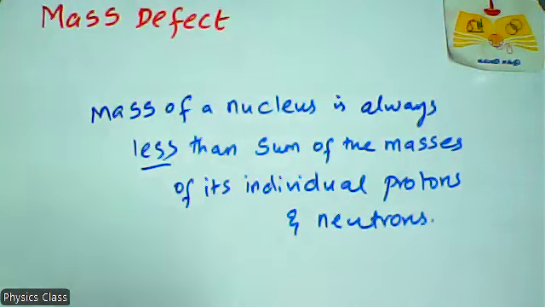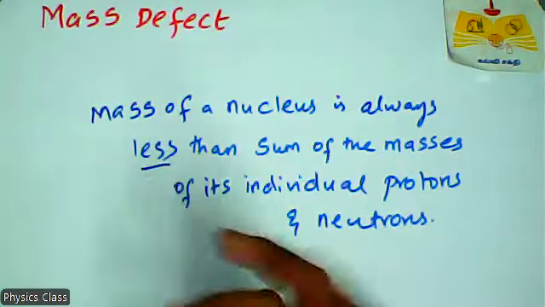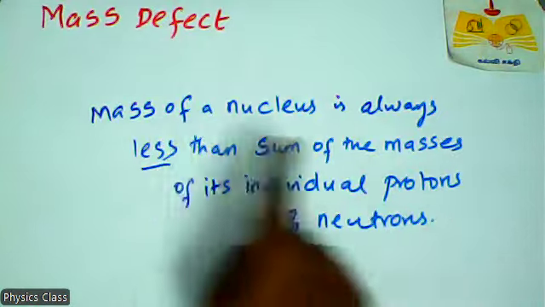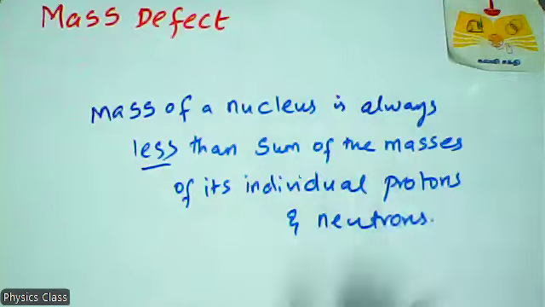In the nucleus of the atom, there are two elementary particles: one is the proton, another one is the neutron. Proton has a positive charge, neutron is neutral. So there is a difference in mass. The mass of the nucleus is less than the sum of the masses of individual protons and neutrons.